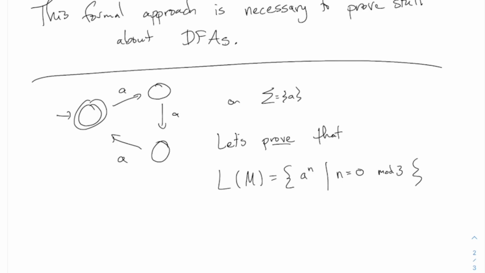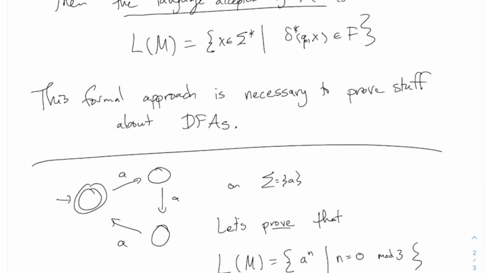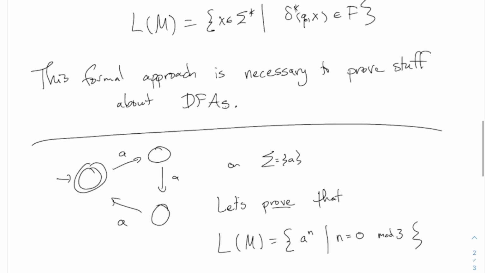So what I've got to do is somehow demonstrate that n ≡ 0 mod 3 is what you get from this stuff up here. If I were to write out this business in the context of this problem, I would get this set. That's what we need to argue somehow: δ*(q, x) is in F. That's the same as what this says down here.